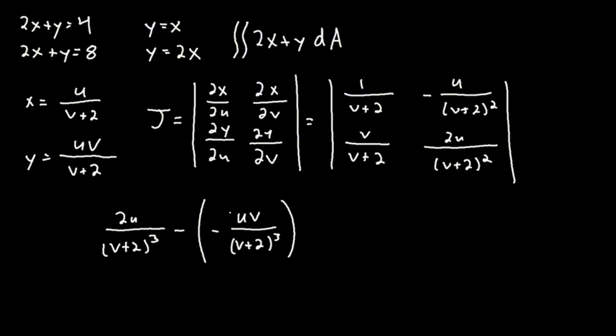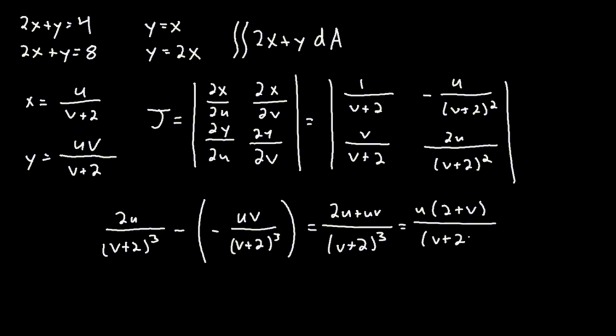And then again, the negatives cancel out, so these just add into each other, and we get 2u plus uv over v plus 2 cubed. You can also factor out u, so you get u times 2 plus v over v plus 2 cubed.